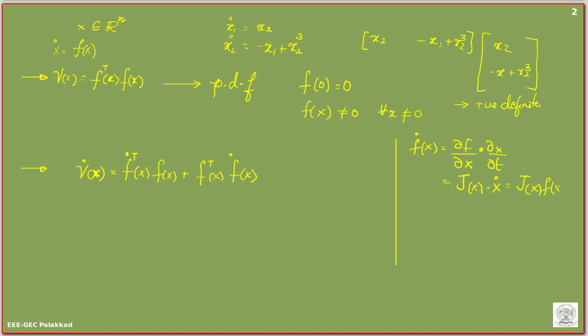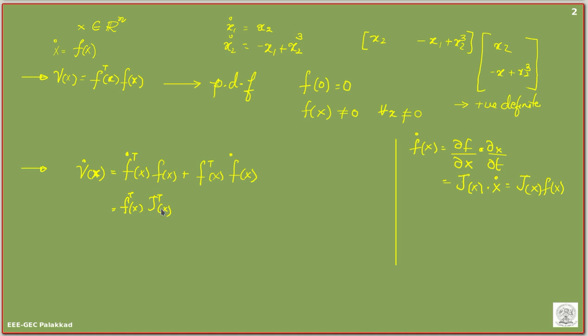So there is something that we can use here. What is f dot transpose of x? f dot transpose of x is f transpose of x into j transpose of x.